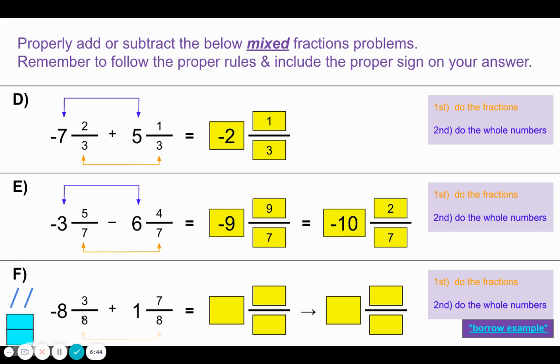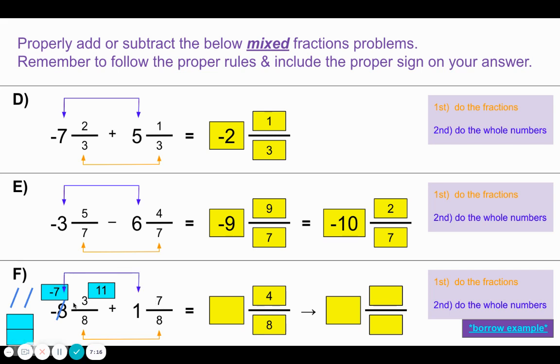And remember, when you borrow here, since we're talking about these fractions, we're borrowing from that 8, and it's going to be a 7. But how much are you borrowing? That's what the denominator dictates. All right, we're borrowing 8. So when we're borrowing from that whole number out here, we're borrowing 8 to add to this. So this is now 11/8. So we're going to do 11/8 minus 7/8, and that's going to give you 4/8.